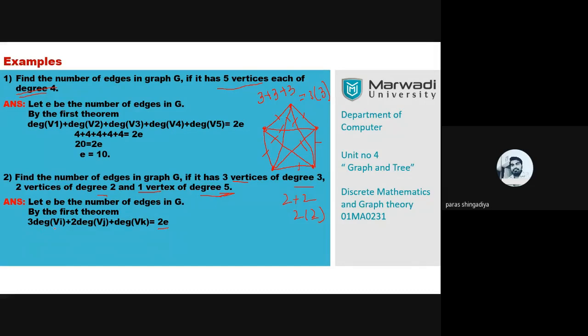Now how many vertices with degree 3? That is 3 of 3, clear.